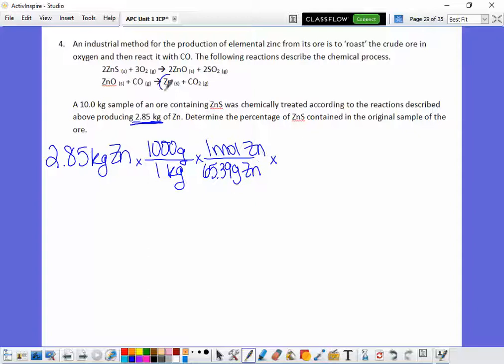Zinc is only in my second equation up here. So I'm going to take zinc, and now I'm at a mole-mole ratio step. So I'm going to go from zinc to what substance? Yep, go from zinc to zinc oxide. Because zinc oxide is a reactant of the second equation and a product of the first equation. So in this second equation, it's a 1-to-1 ratio of zinc to zinc oxide.